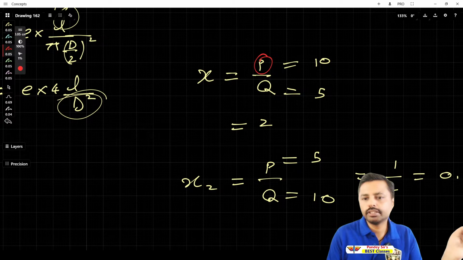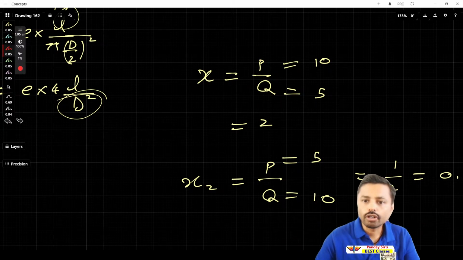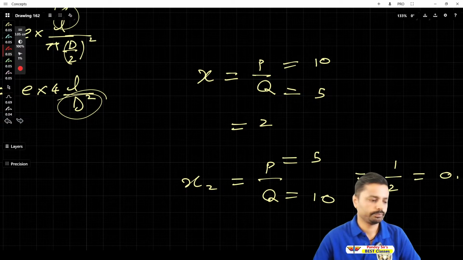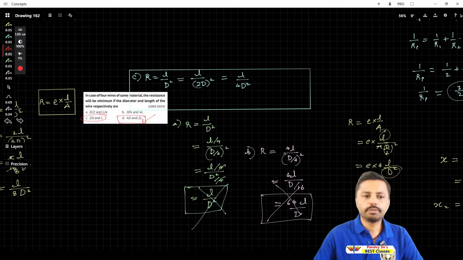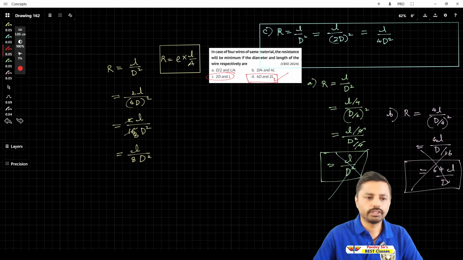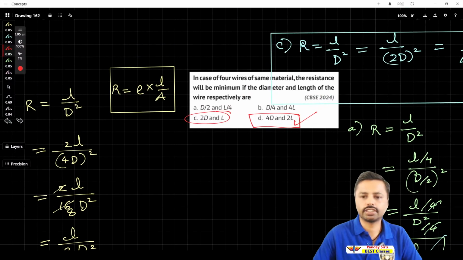If the numerator is big, the number is big, and if the denominator is big, the number is small. That's it. Now the denominator is biggest in option D, and that's why our answer is correct.